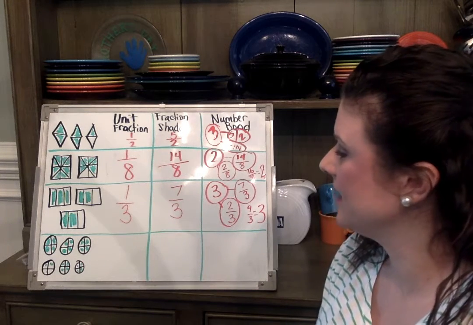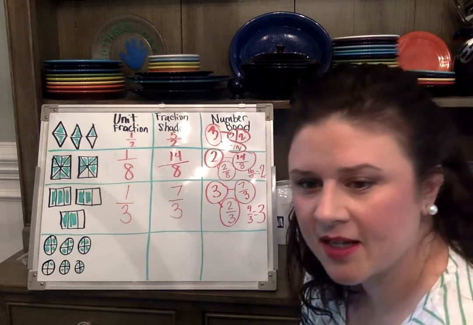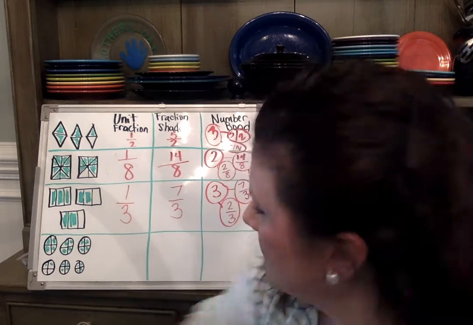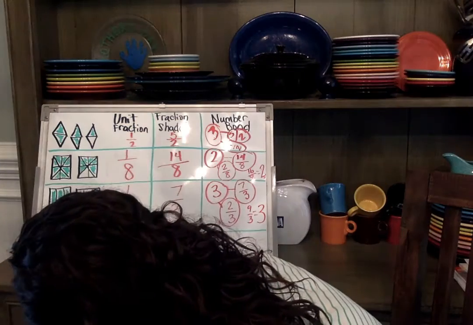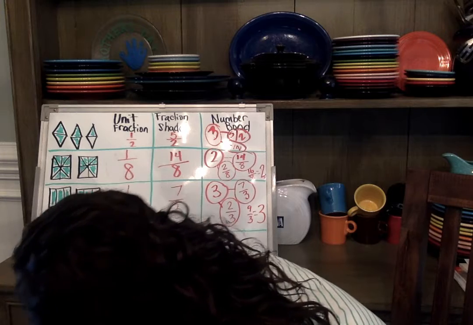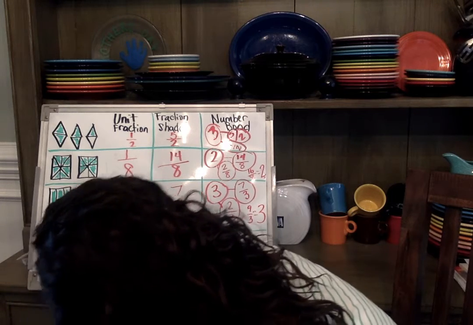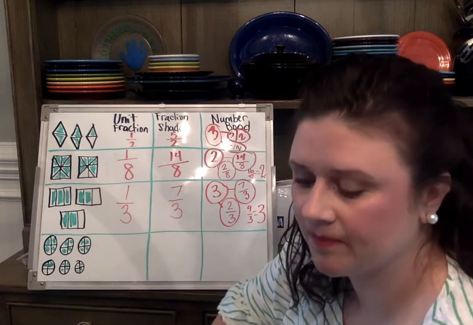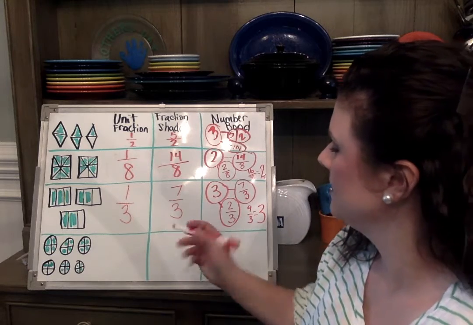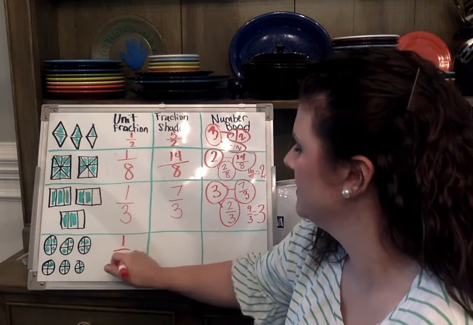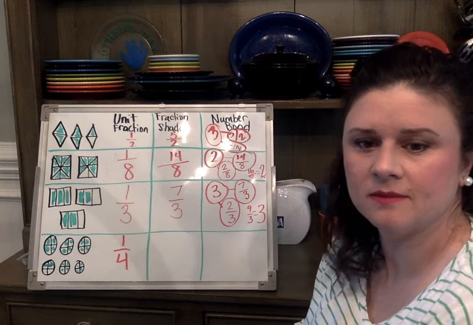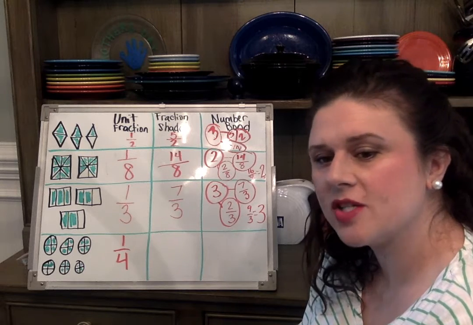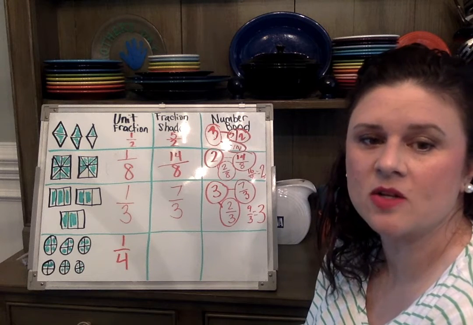Let's look at this last one. I have some circles. It's kind of hard for y'all to see. This one's not very good shape then. What's the unit fraction? They're divided into fourths. What fraction of the pieces are shaded?